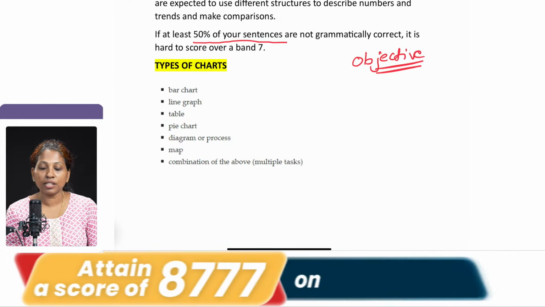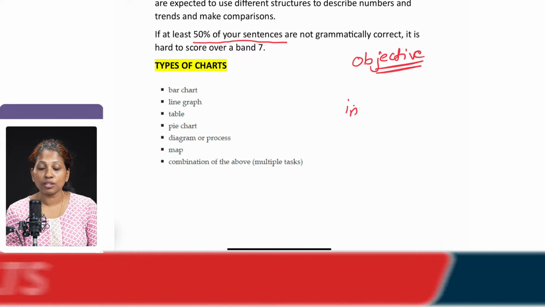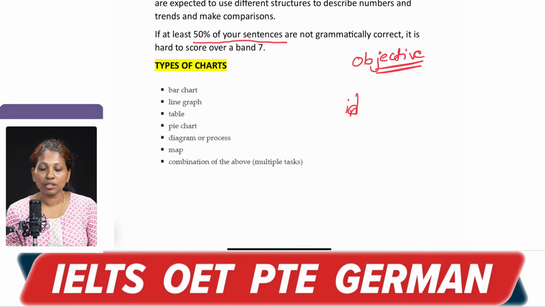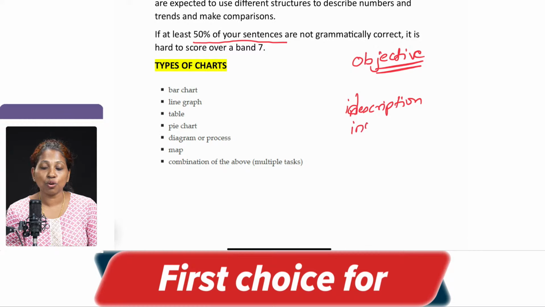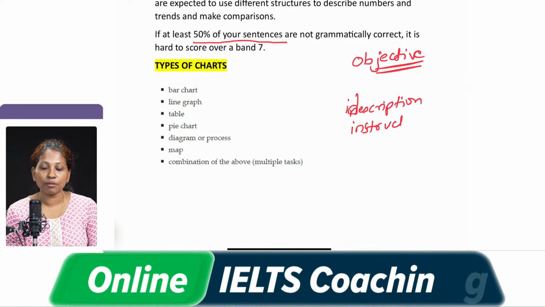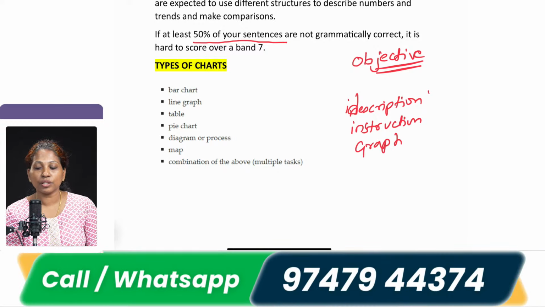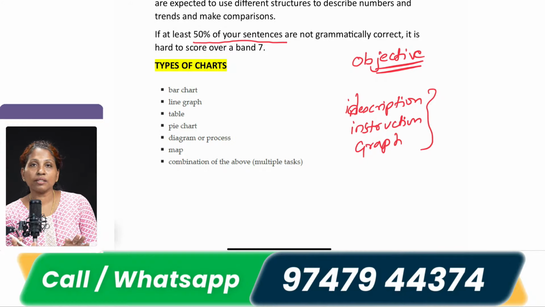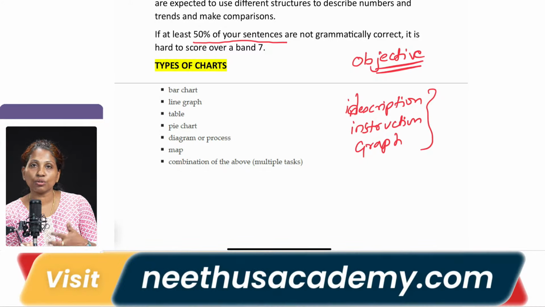The first is wherein they give you the description about the diagram which is given. Then after that come the instructions for you, what you have to do, what is expected from you, and then comes the graph. So these are the 3 parts of the question. First, the first sentence describes what the diagram is telling you or showing you.